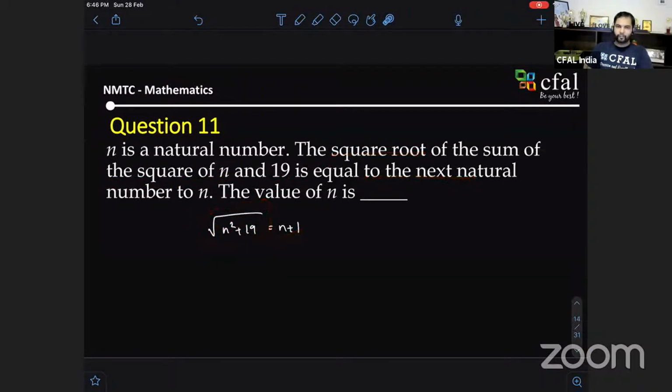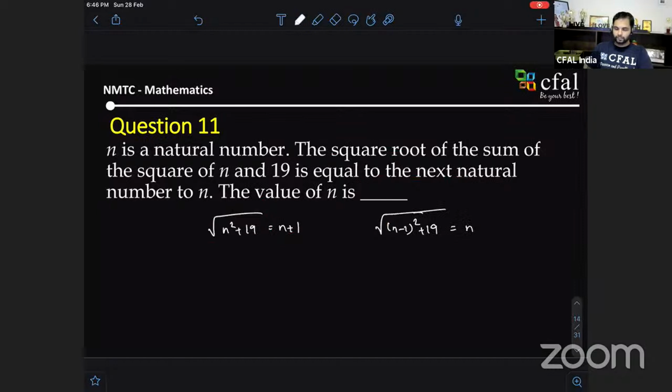Can't it be n minus 1 also? It depends on what you take. If you have taken this as n minus 1, this will be n. That equation is also right. I'm not saying that's wrong, but you have to be careful. It depends on what your n is; that will be your equation.